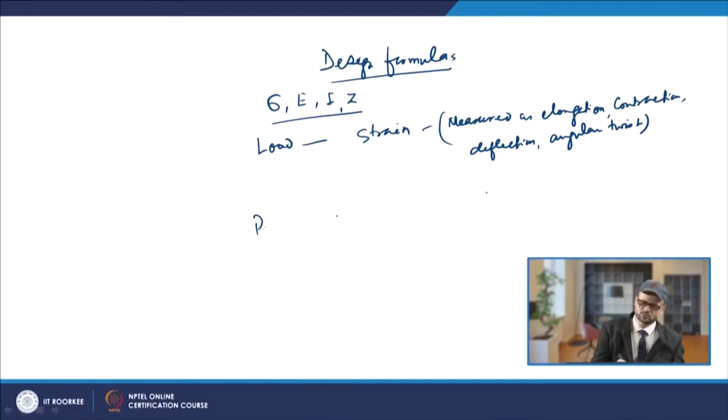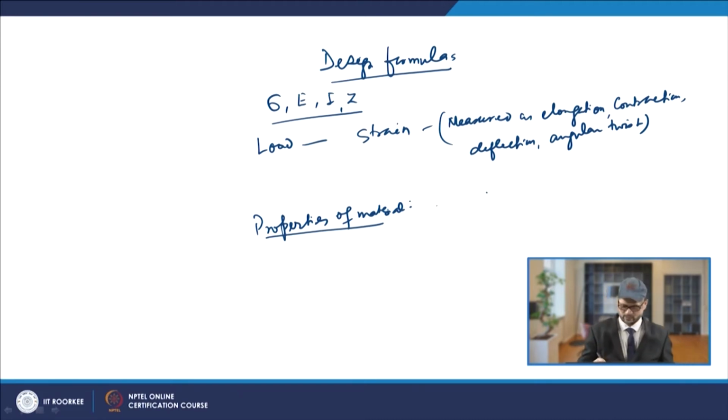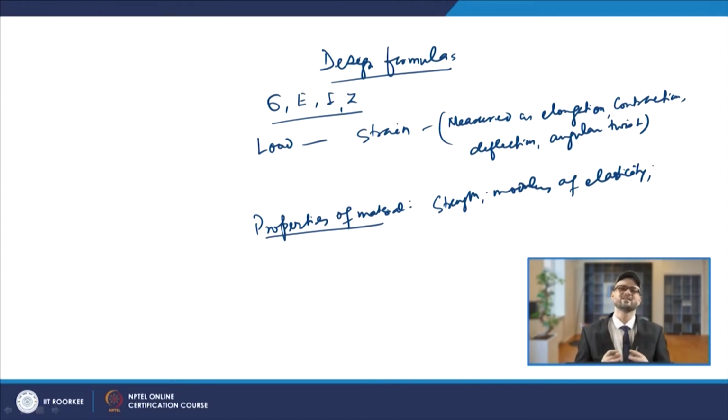Then the properties of the material that we focus on are strength or modulus of elasticity, which we have seen earlier, and radius of gyration. That is also one of the properties, and it basically determines the load carrying capability of the material.